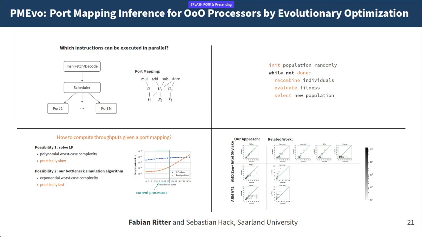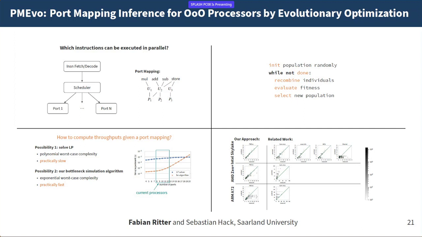Well, the nice thing about our approach is that we don't only produce the throughput. So that's what we evaluated on, because that's really what we have. But we also have this interpretable representation of the port mapping, which basically tells you which instructions you can execute in parallel. Because if they're decomposed into micro-ops that can be executed in parallel, then you see that.